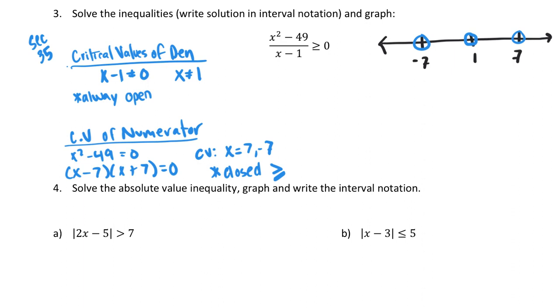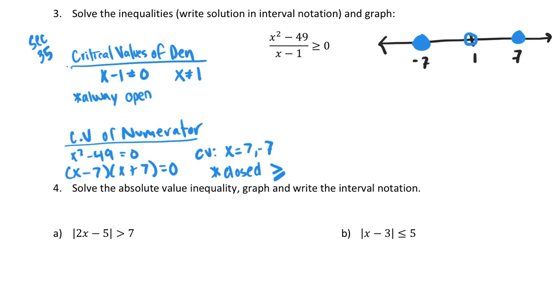Okay. I put them on the number line as open circles because we don't know which direction it's going to go yet, so I'm not going to use parentheses or brackets like some people do. I like the open circles and closed circles. Sorry, I didn't finish coloring those in. So there we go. We've got our closed circles on the -7 and 7 and an open circle on 1.